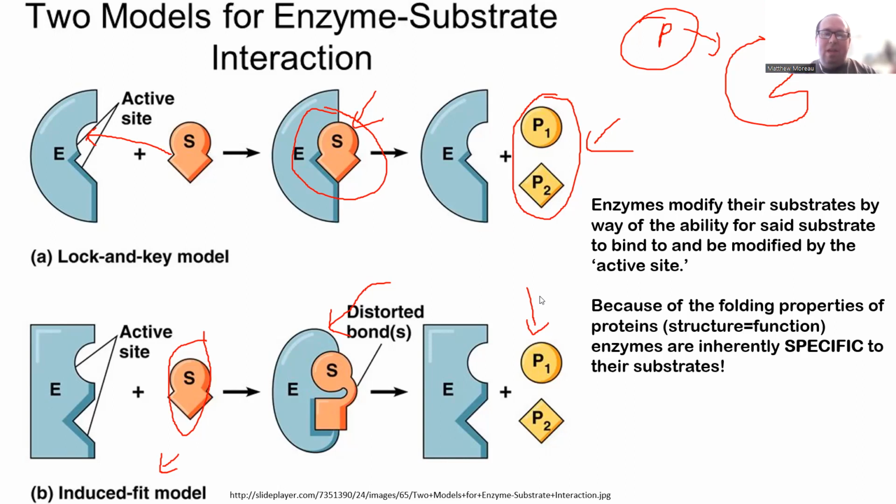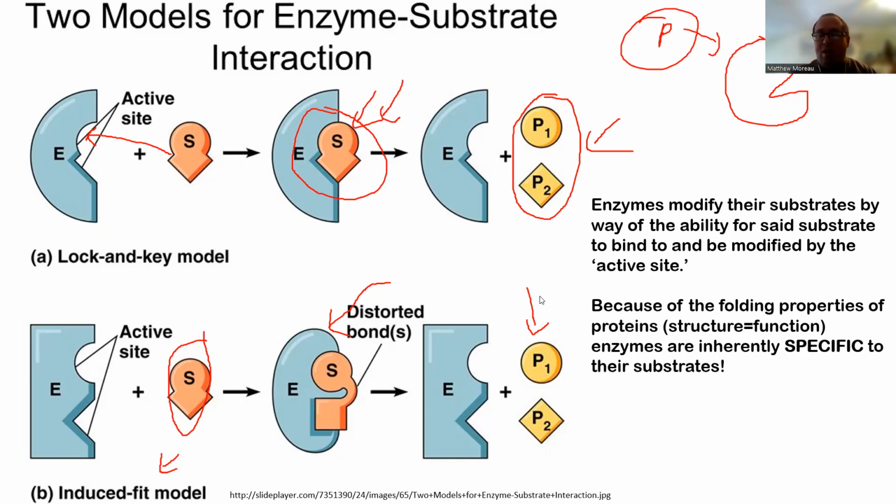So again, even in the lock and key model, this binding of the substrate is going to very subtly change the overall structure of the protein because you are changing the environment of the protein. The protein wasn't bound to substrate before, and now it is.